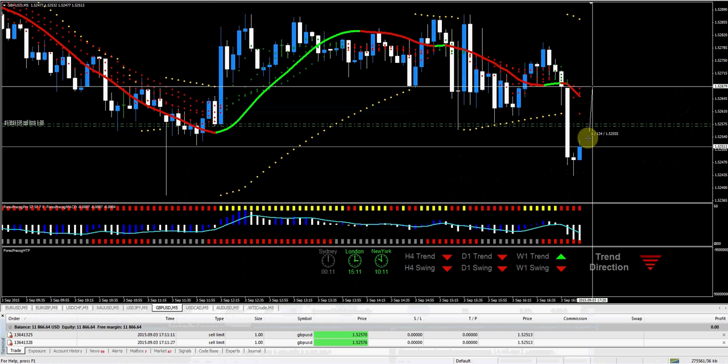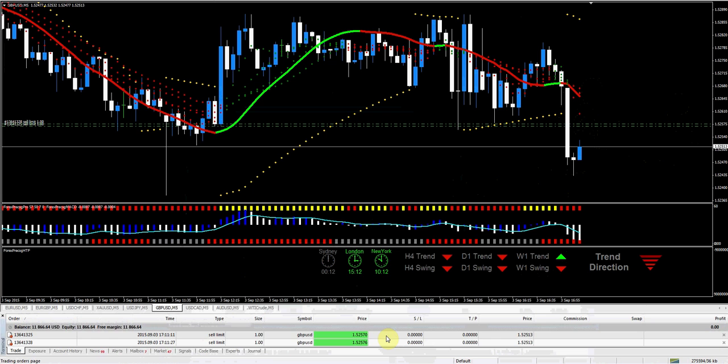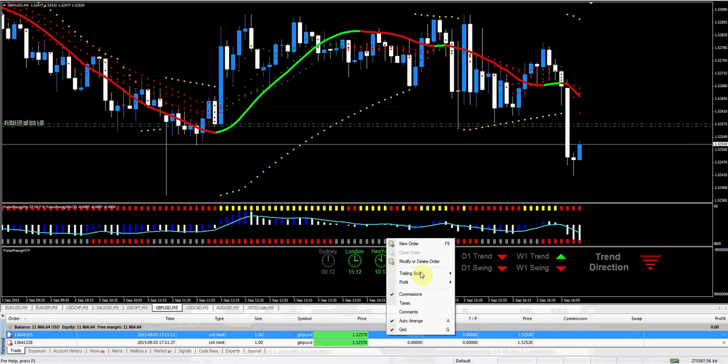Let's see if we have a 15 pip stop. That means we'd be entering right there, and then we obviously have a 15 pip for our first take profit as well. So 5252.7. Let's see if we can get in at that level.